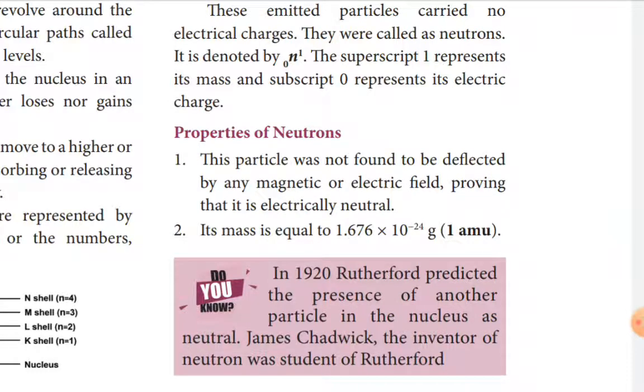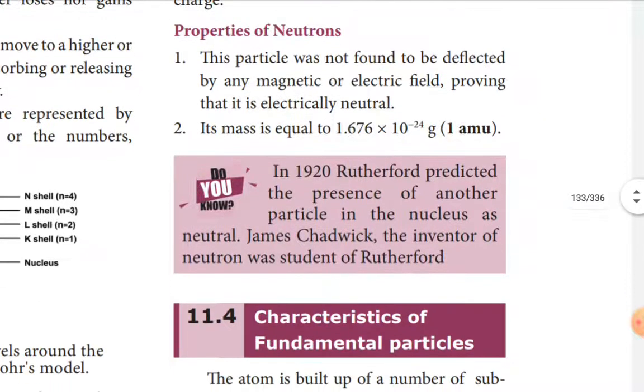Then what is the mass of the neutron? The mass is equal to 1.676 times 10 power minus 24 gram. That is one atomic mass unit. Do you know, in 1920 Rutherford predicted the presence of another particle in the nucleus, which may be a neutral particle.